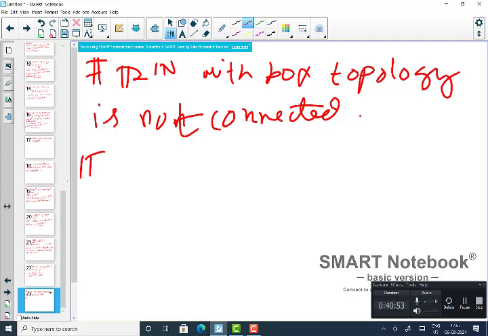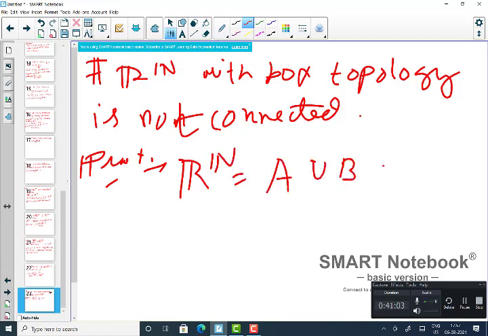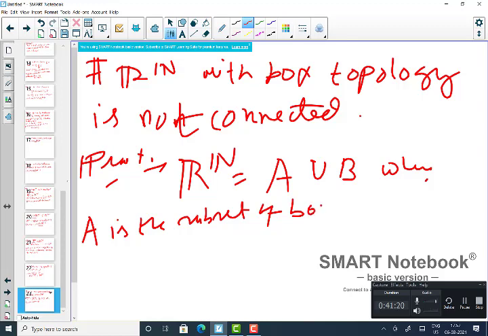So you can write down this R infinity with box topology as a union, say A union B, where A is a subspace. What kind of subspace is that? So A is the set of bounded sequences.